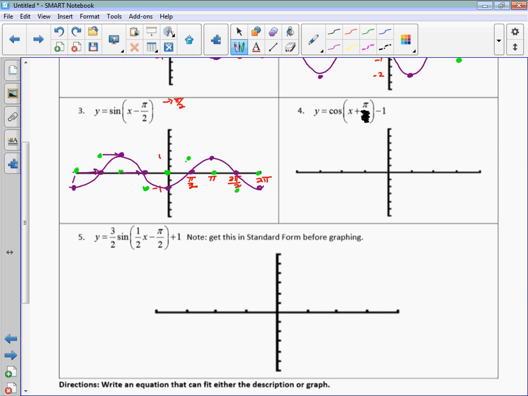Guys, make sure that x-axis is labeled. Walking around, I see a lot of unlabeled.